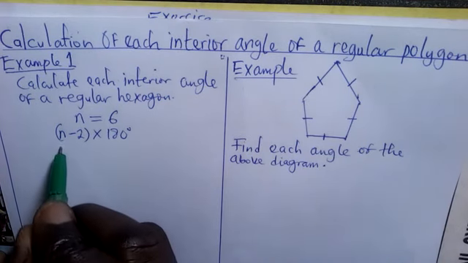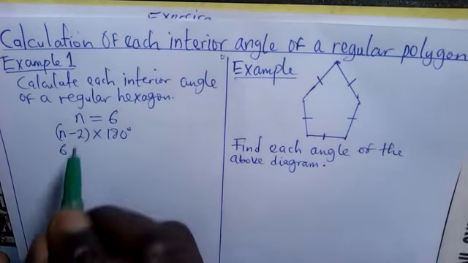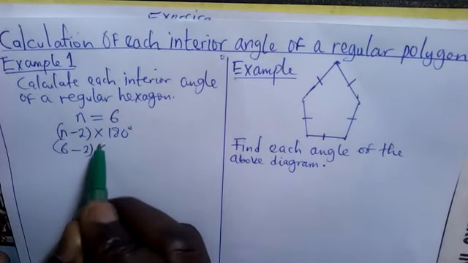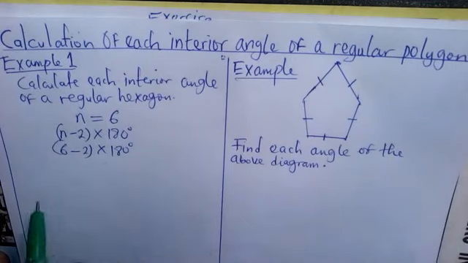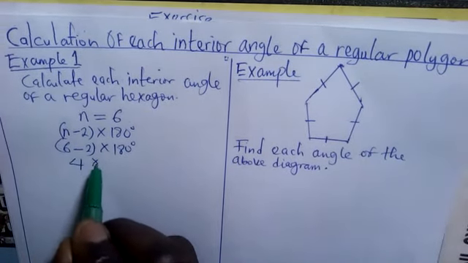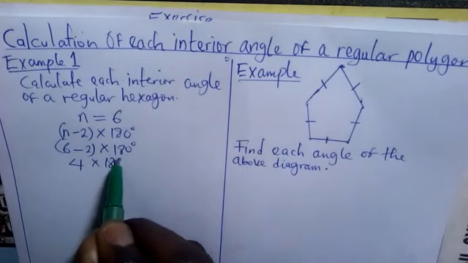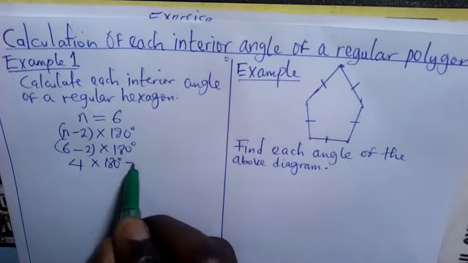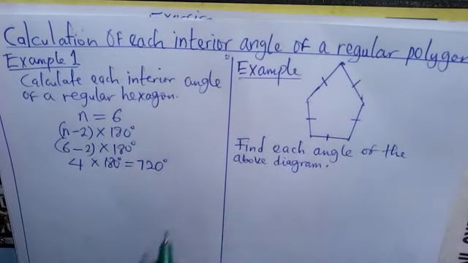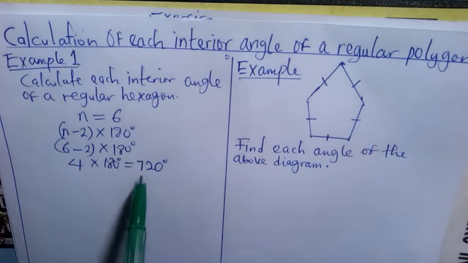My n is equal to 6. 6 minus 2, can you see it, times 180 degrees. 6 minus 2 is 4 times 180 degrees, and this will give me 720 degrees. So the total of all the angles inside this hexagon is equal to 720 degrees.